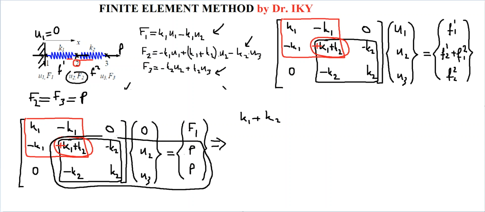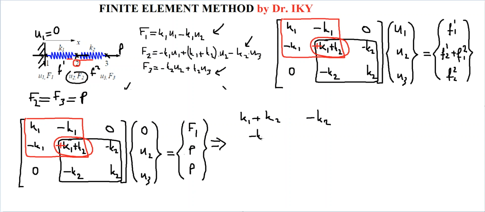That will be much more easier to see. Okay, K1 plus K2, minus K2, minus K2 and K2.